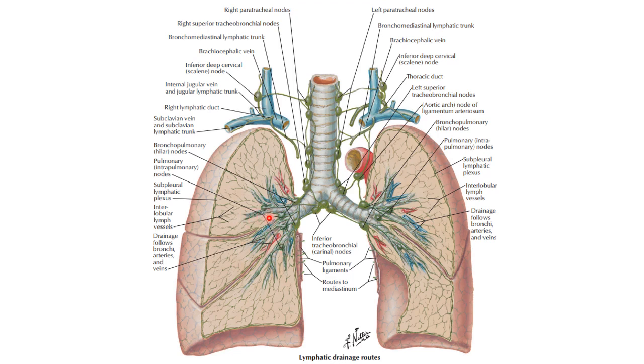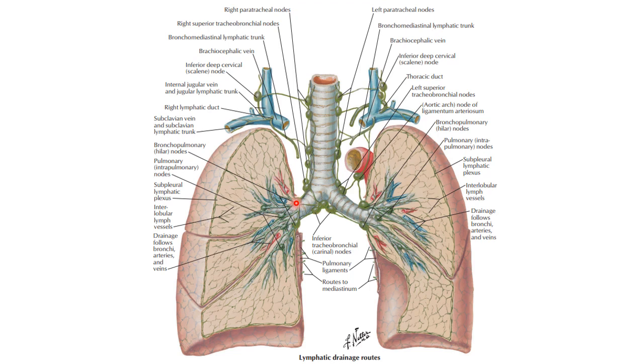The first nodes that are encountered are the pulmonary nodes or intrapulmonary nodes. And then there will be efferent lymphatic vessels from these nodes that drain to the next set of nodes called hilar lymph nodes or bronchopulmonary lymph nodes.